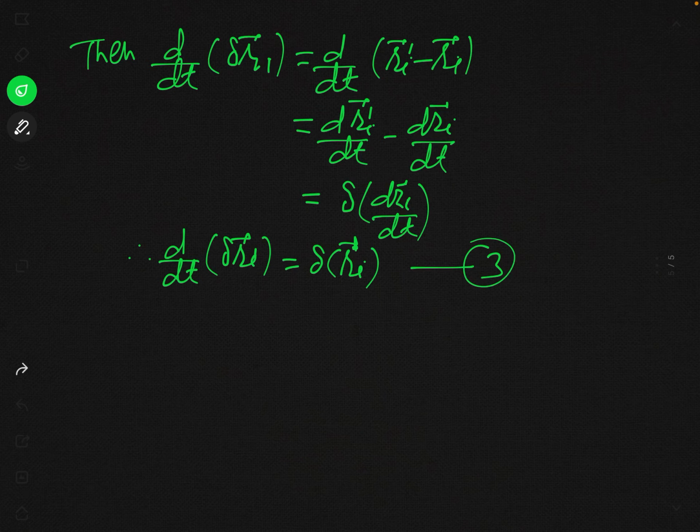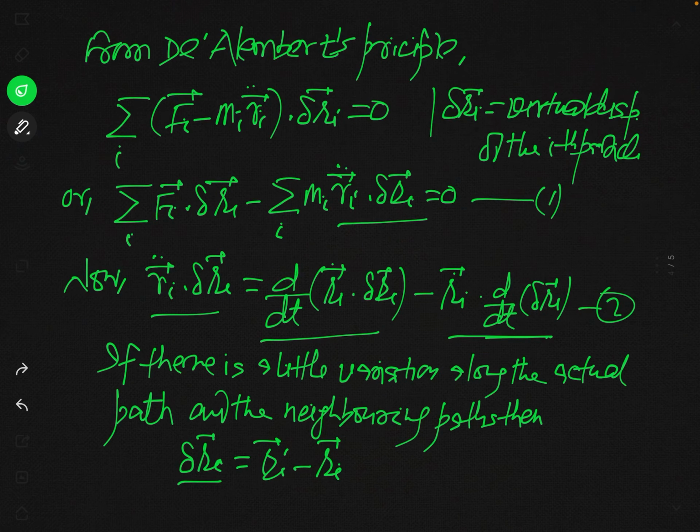Now we will make use of equation 3 in equation 2. See here, in equation 2 there is d dt delta Ri. Now in the light of equation 3 we can write this as delta Ri dot.